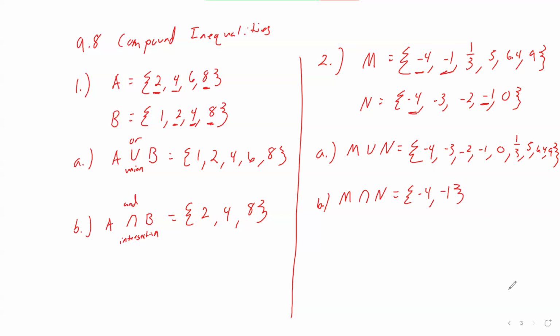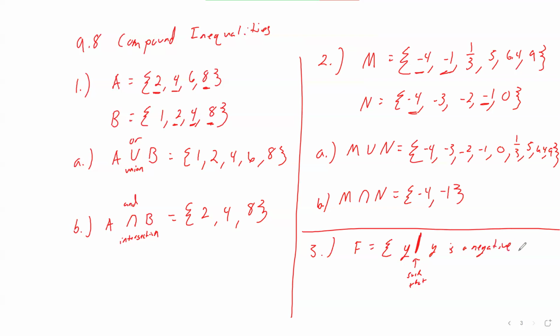All right. We'll look at one more. And again, you're going to find the union and intersection, but it's going to be presented to you like this. It'll say F is Y values such that. When you see this bar right here, this means such that Y is a negative integer.